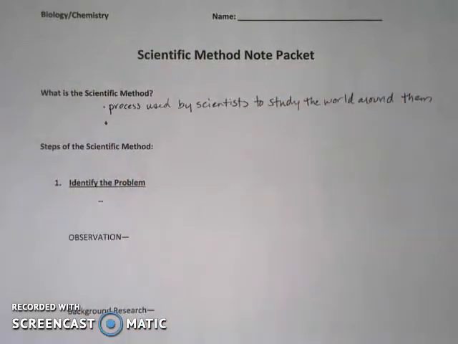And it's basically there to ask, somebody has a question, they follow this process in order to come up with an answer to something that is asked. And it is a very rigorous process that everything goes through. And this is basically how we know all of the stuff that we know when you talk about biology, chemistry, physics, or any of the other sciences or subsets of those sciences.